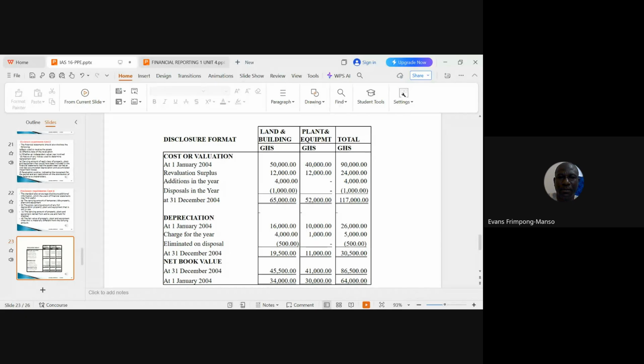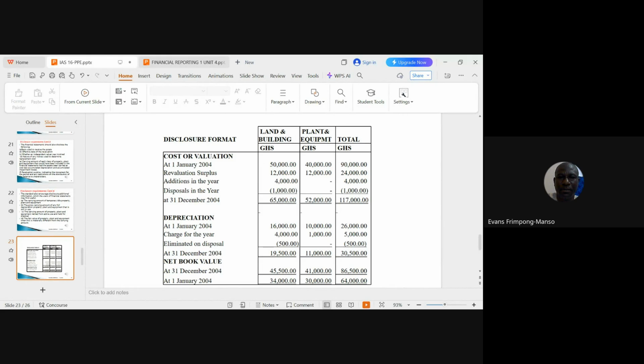It means at the beginning, you state it for each asset. If there has been revaluation surplus, you add. If you have bought additional ones during the year, you add. If you have sold some, you have to subtract. That will give you the value at the end of the year, which is 31st December.